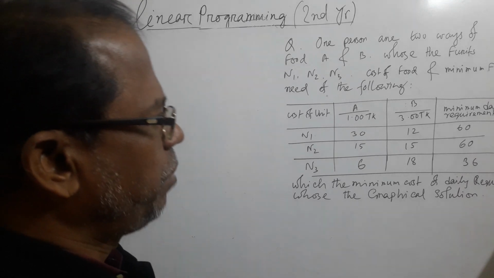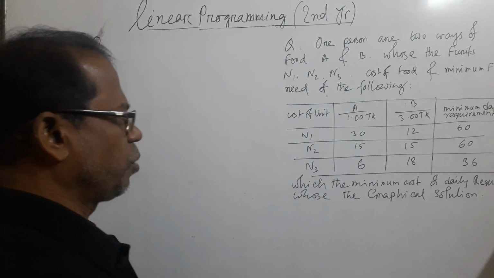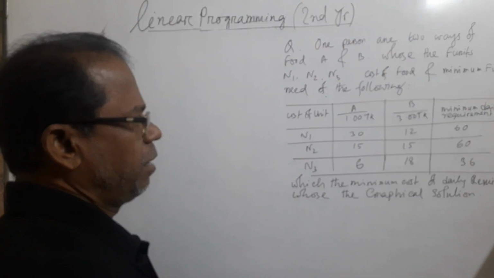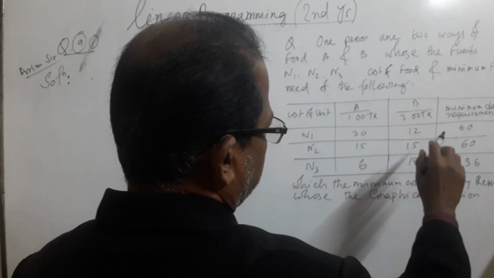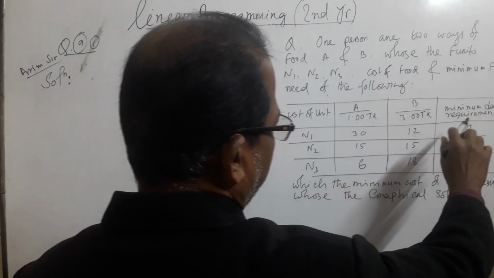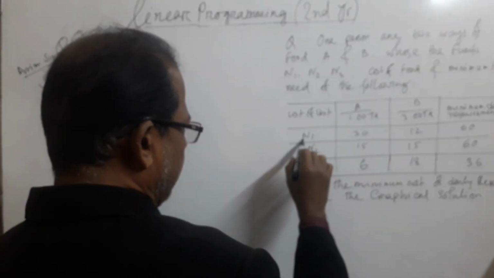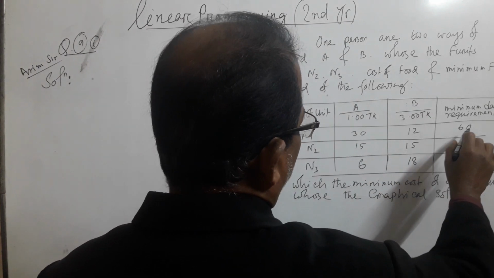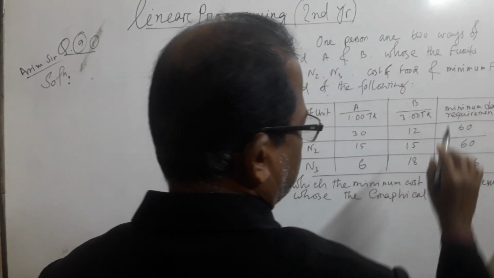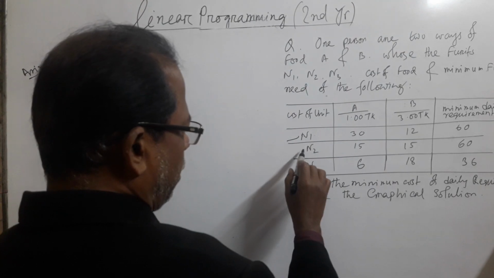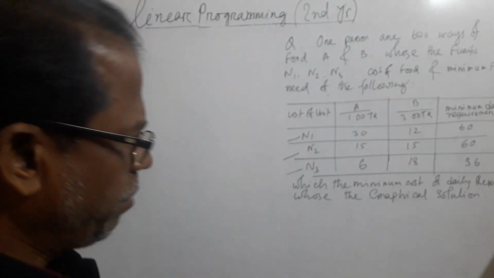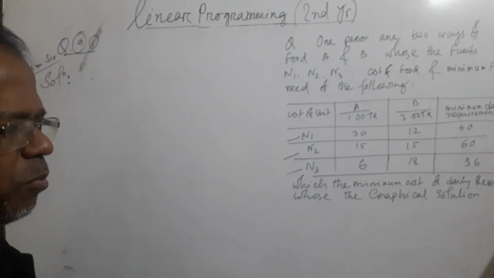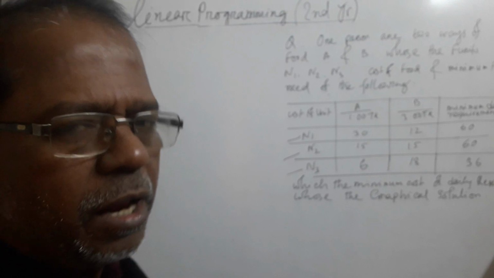The cost of the foods and the minimum daily requirement are given. The cost per unit is 1 taka for food and 3 taka for fruits. What is the minimum cost of the daily requirement? Solve it by the graphical solution.